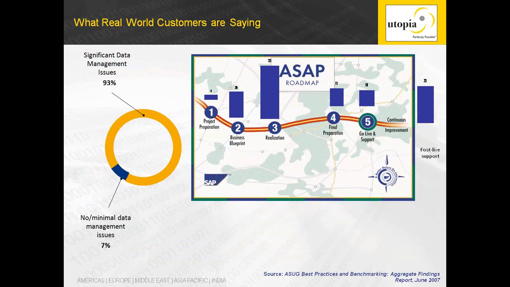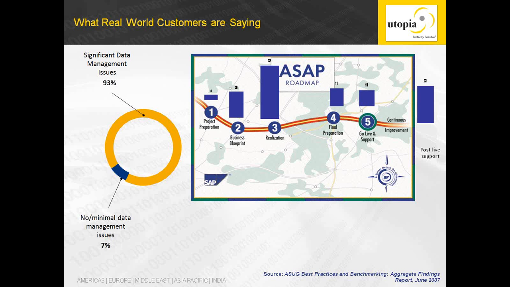Just an example of some data that was gathered during a recent survey by the Americas SAP user group, where they actually went out and surveyed nearly 100 companies who were implementing a large ERP, and basically 93% of them said that they had significant data management issues during the course of their project.